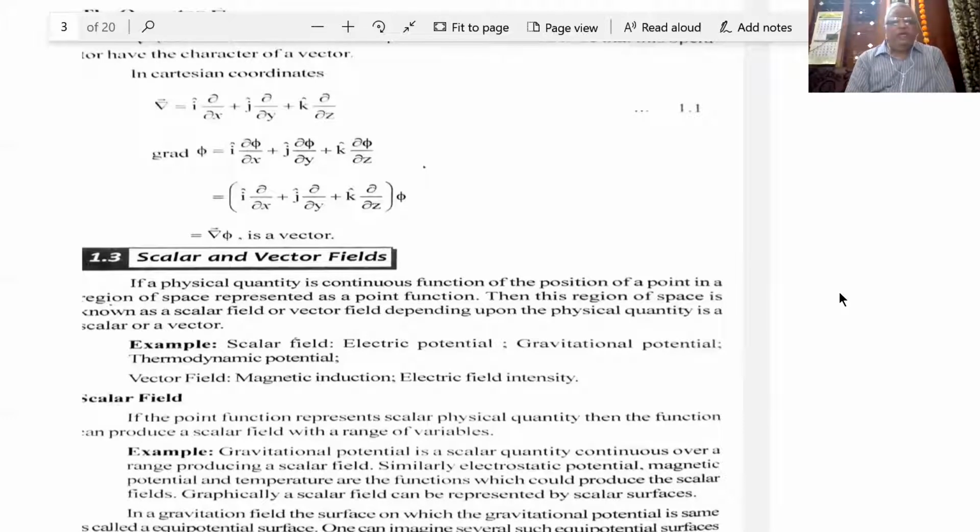Examples of scalar fields are electric potential, gravitational potential, and thermodynamic potential. Examples of vector fields are magnetic induction and electric field intensity.